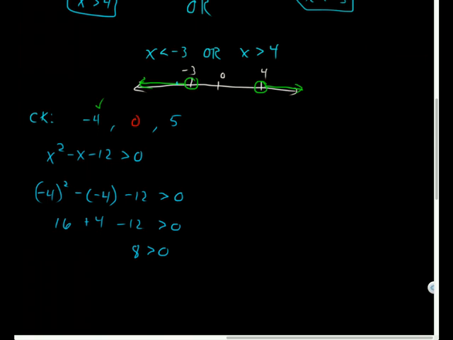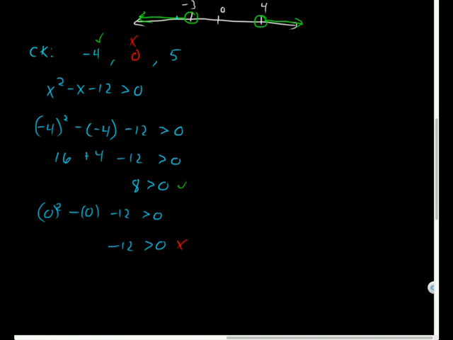Let's try 0, which we're expecting to fail. All right. Is 0 squared minus 0 minus 12 greater than 0? 0 minus 12 is -12. Is -12 greater than 0? No. So that one failed intentionally, which is what we were looking for.